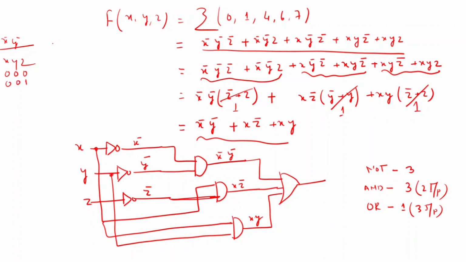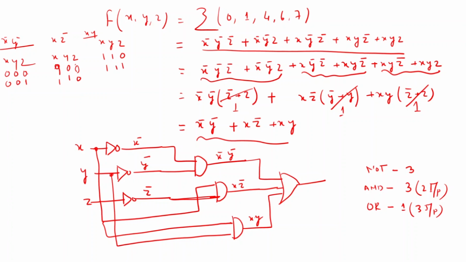Similarly, for the term x z complement, with x, y, z, the values of x and z are fixed. This is 1, 0, because x appears in unprimed form and z in primed form. So 100 and 110. For the xy term, z is absent. This means x and y are 1, 1 and z is 0 or 1.